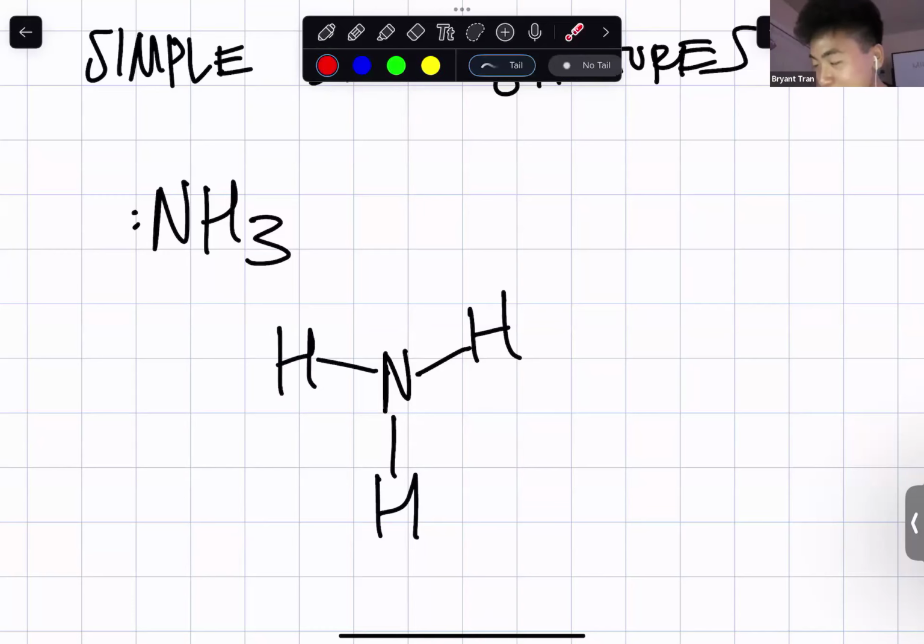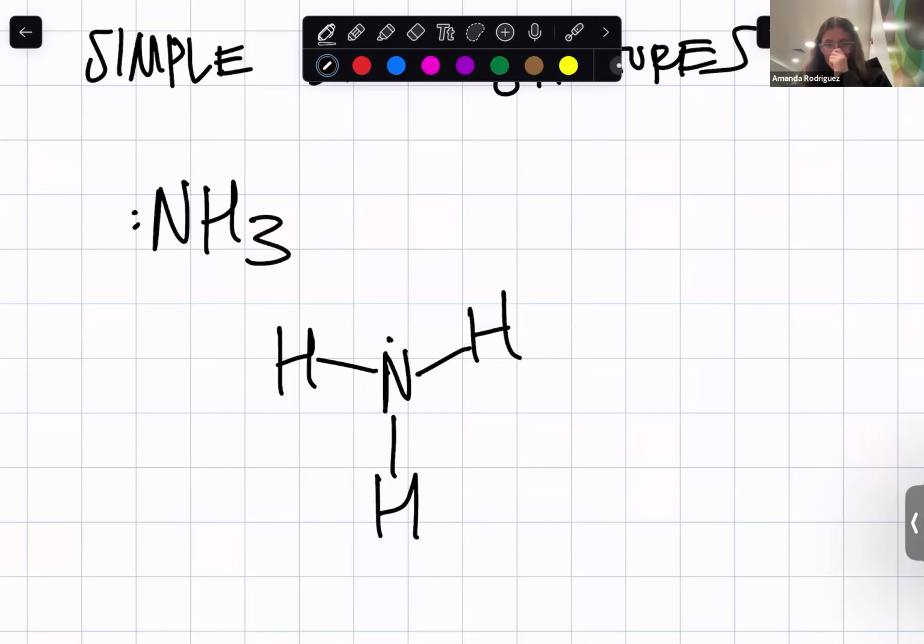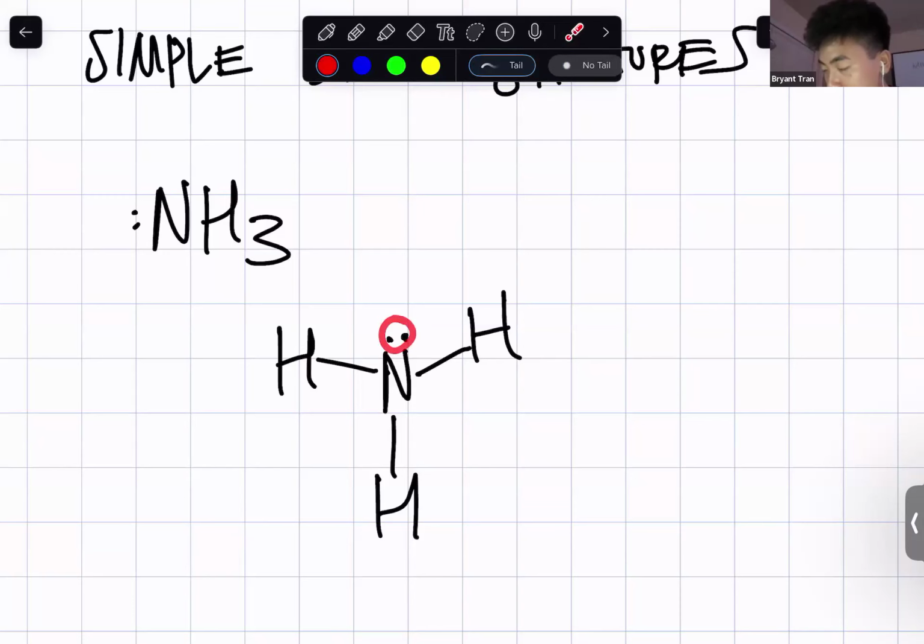Correct. And a single bond is already 2 electrons, so that's 6 electrons, and there's 8 total, I think. So the two dots go on top of the N. Yes, because we want the nitrogen to fulfill the octet rule. So we put the 2 dots to represent that lone pair of electrons to give the nitrogen 8 electrons.